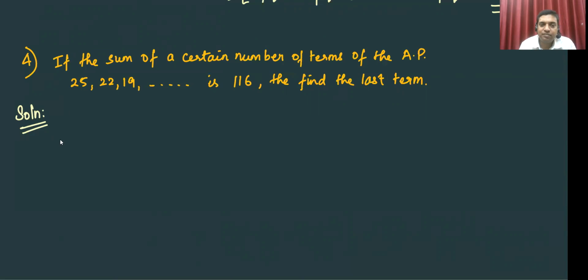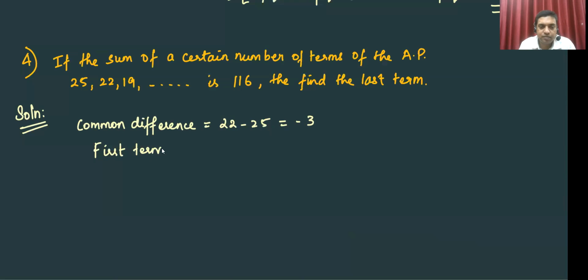So first, find the common difference, that is minus 3. Very good. And a is 25. The common difference is 22 minus 25, which is minus 3, and the first term is 25. The sum of n terms is 116.